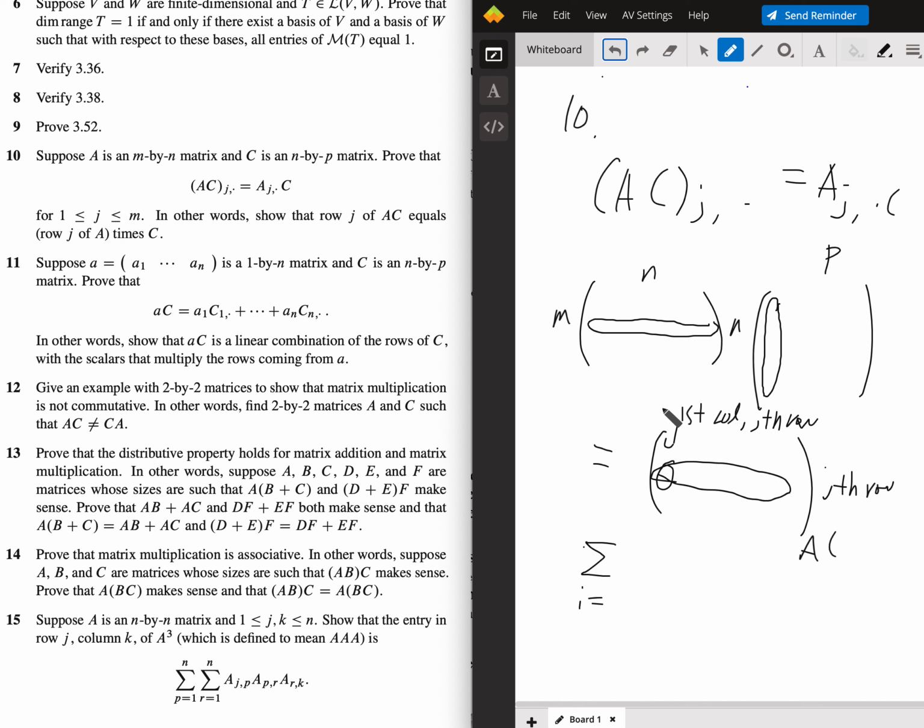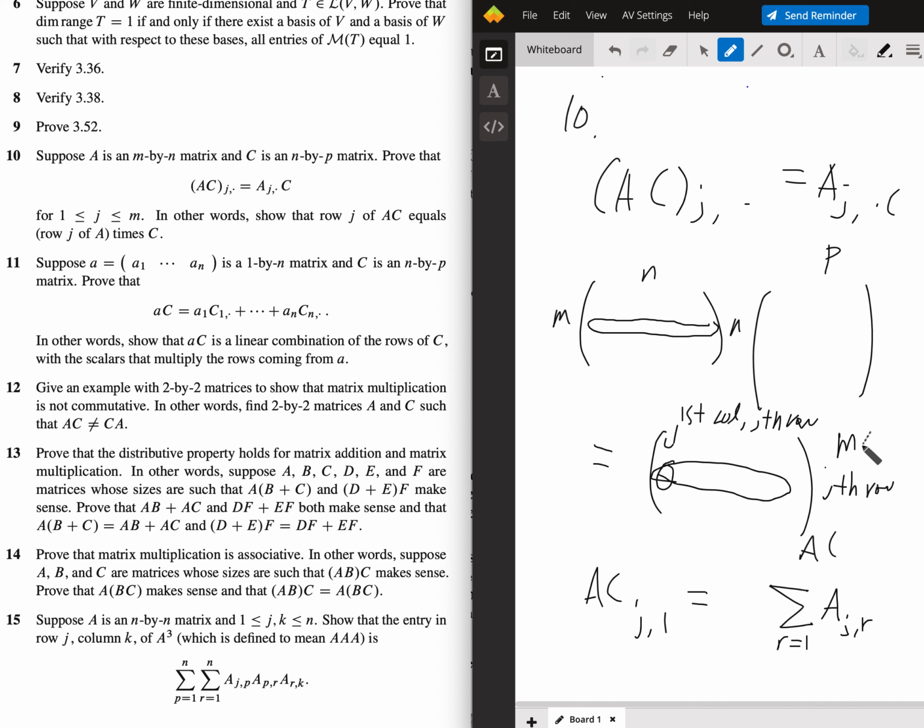Let's think about it like this, right? And let me formally write it out because it's good practice. So the jth row, first column of AC is equal to, everything on the jth row of A with a moving iterator r going from 1 to, what was the dimension, p.